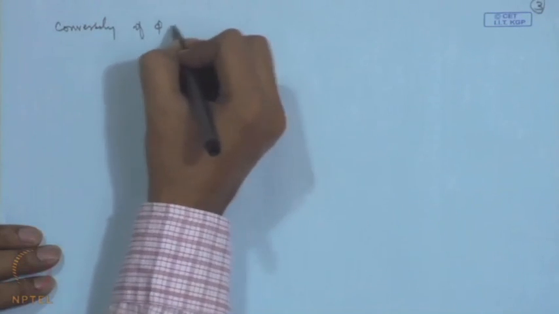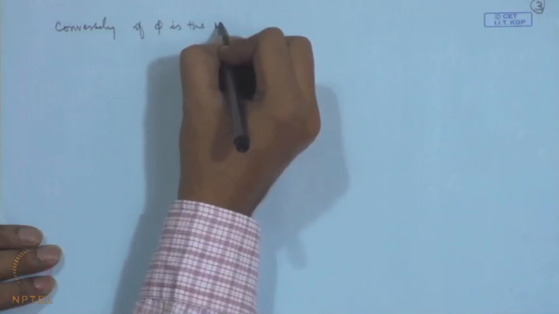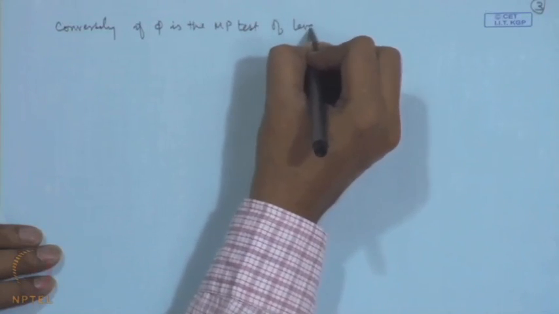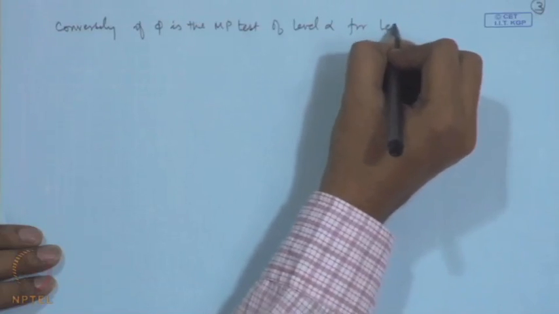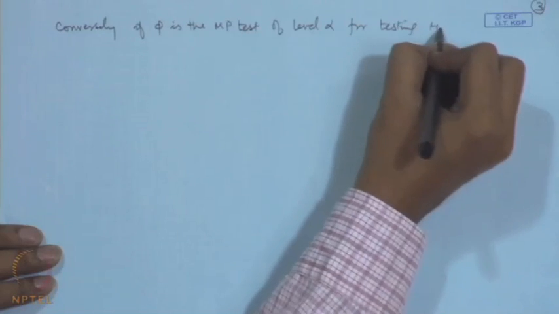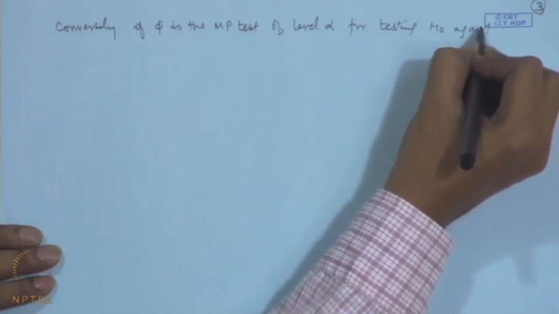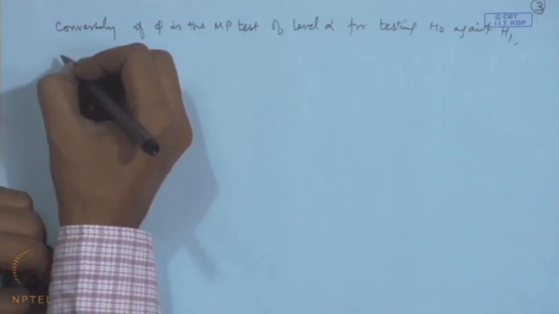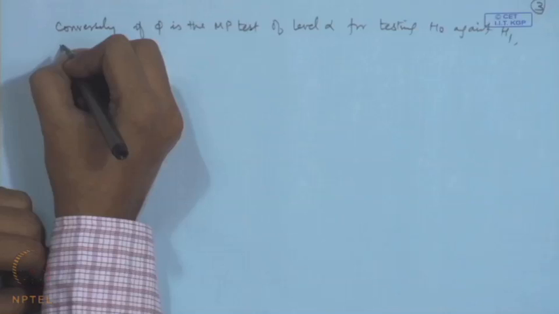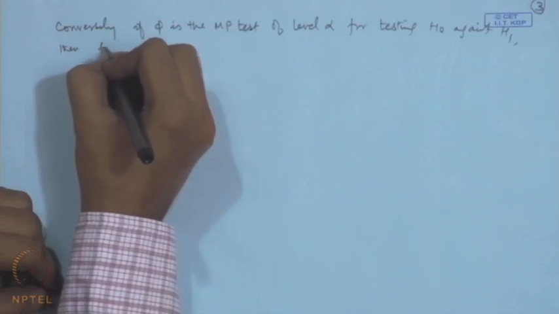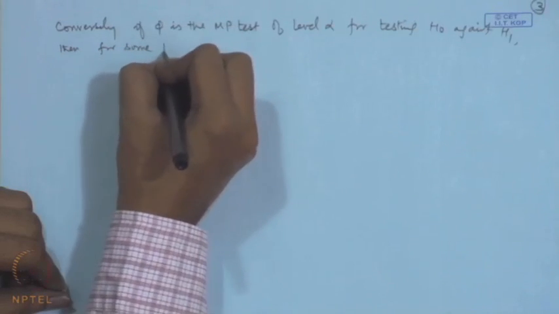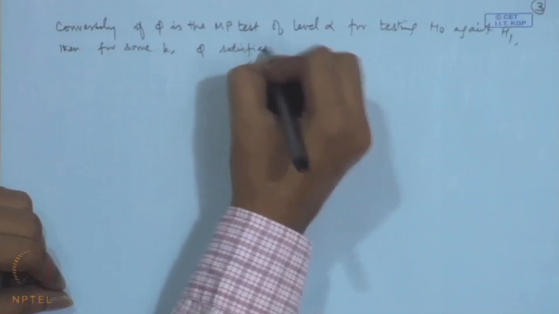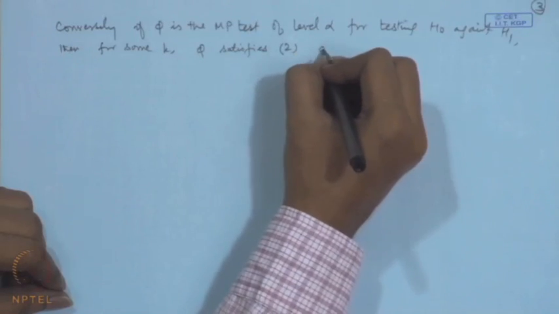If phi is the most powerful test of level alpha for testing H naught against H 1, then for some k, phi satisfies the condition 2 almost everywhere.